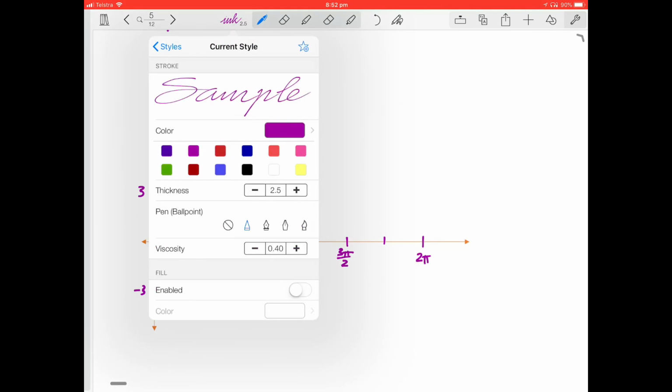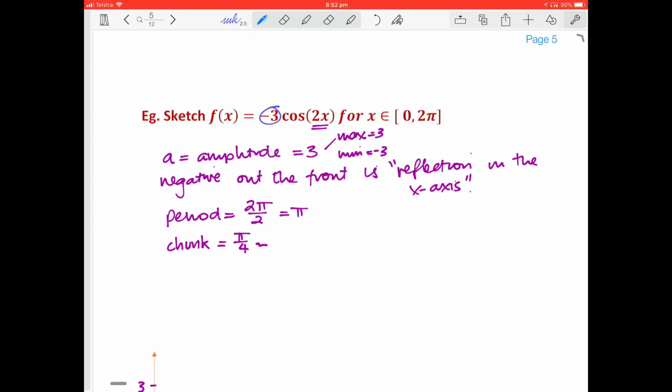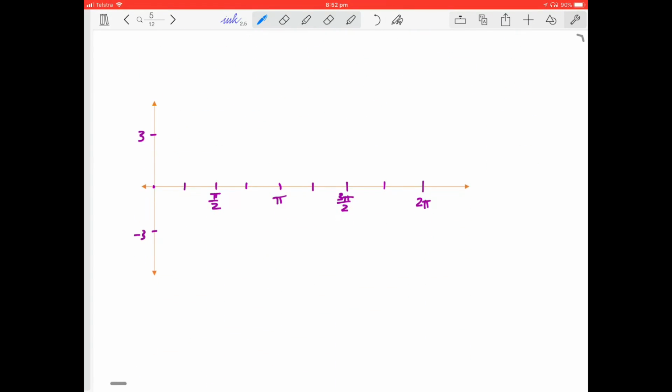Now, if we go to sketch it, it is a cos graph, and it starts at the bottom because it's been reflected in the x-axis. So it starts down here. Every chunk is a quarter of a circle, so it's going to go up, up, down, down, up, up, down, down.